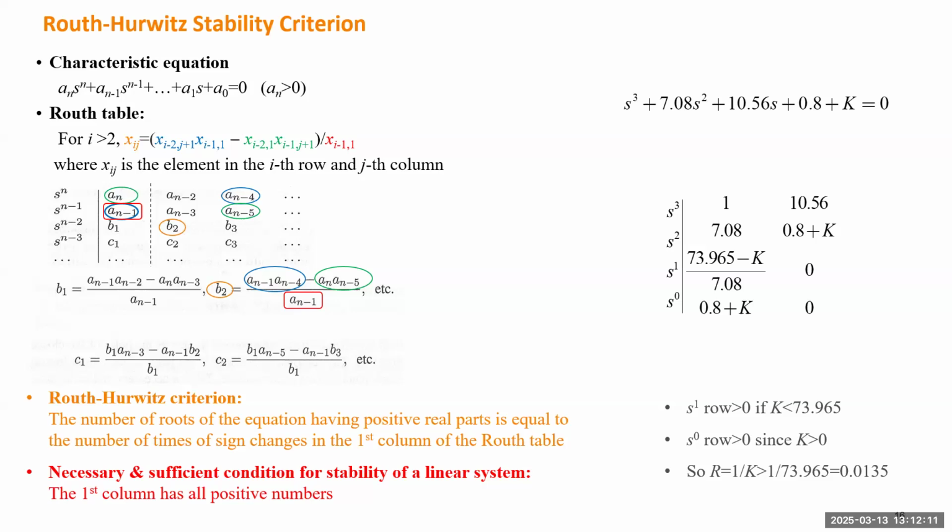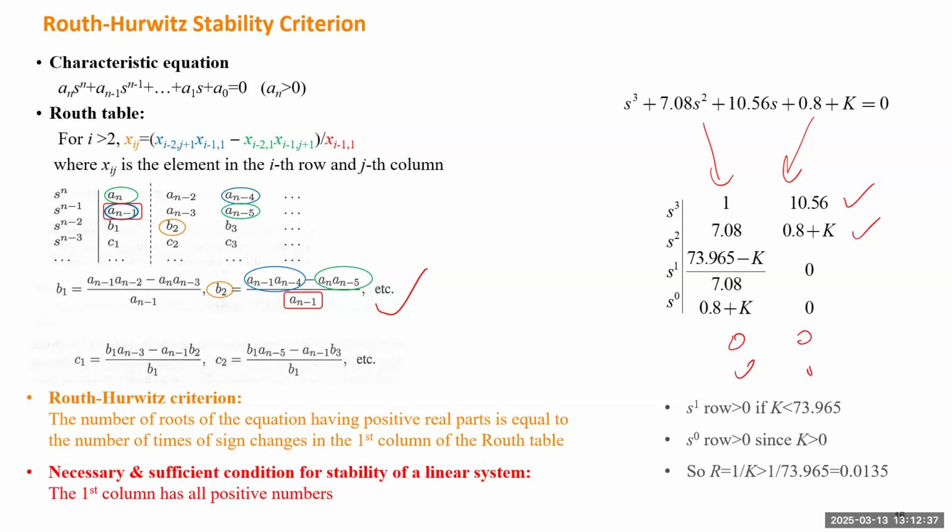Starting from the third row, you utilize those formulas to come up with each element, until all the new elements are 0, and then it stops. What you need to do is make sure the first column is all positive. Then the system will be stable.